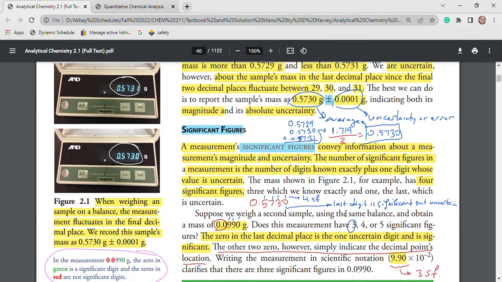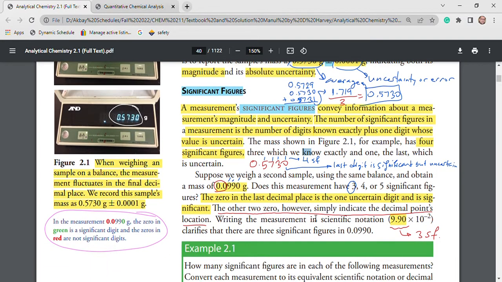Significant figures tell you how certain the number is, and that's why in 0.5730 we got 1, 2, 3, 4 sig figs. We got 4 significant figures, and the last digit is significant, but it is uncertain. But the other numbers are certain. We're sure about 0.573, but the last digit contains uncertainty.